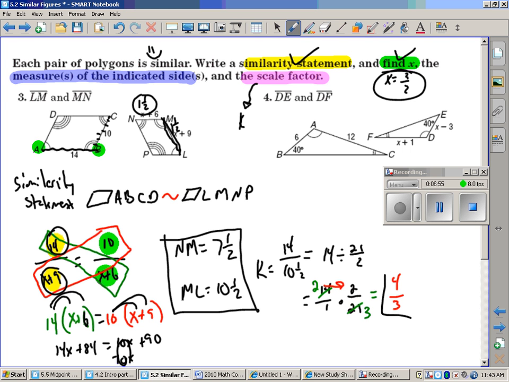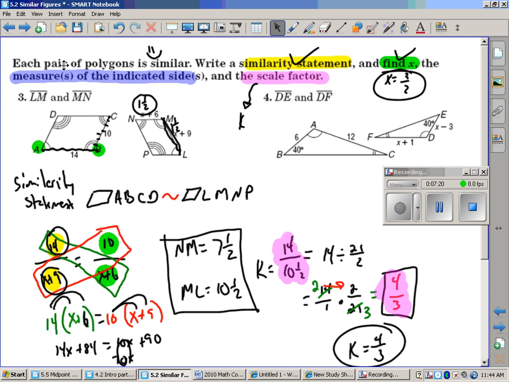And my nicer scale factor, instead of 14 over 10 1/2, I just rewrote it as 4/3, because that's the same fraction, only I don't have the complexity of a mixed number in my denominator. This is a much cleaner looking fraction. It's actually the only correct answer I'll accept, 4/3.